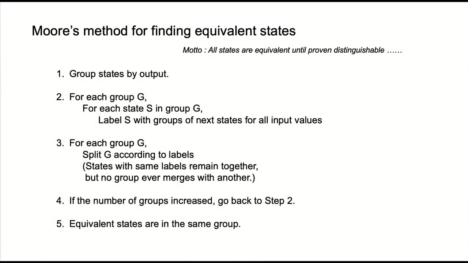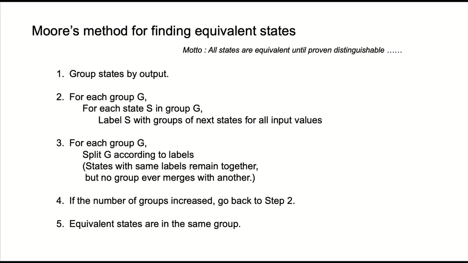Okay. So on Monday we had talked about state minimization. When you design your state machine, you may want to design it in a way that you feel confident that it does what you want. And then you may discover that maybe you use too many states, that some states are equivalent.